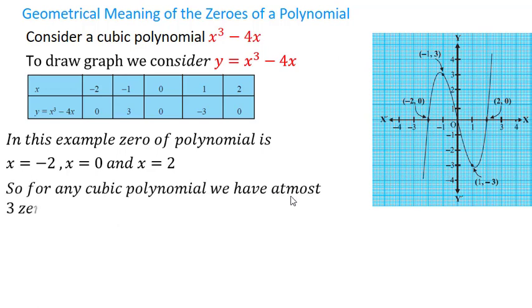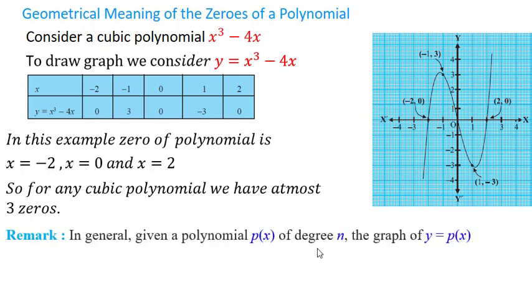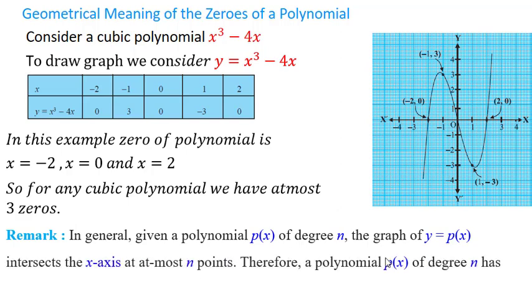So far with the help of linear polynomial, quadratic polynomial and cubic polynomial, we have understood that the maximum number of zeros depends on the degree of the polynomial. So if the degree of the polynomial is n, we have at the max n zeros. So in general, given a polynomial p(x) of degree n, the graph of y equal to p(x) intersects the x-axis at most n points. Therefore the polynomial p(x) of degree n has at most n zeros.